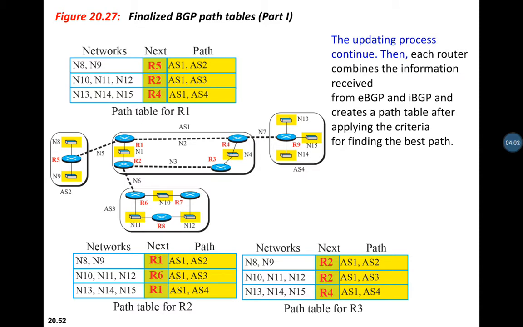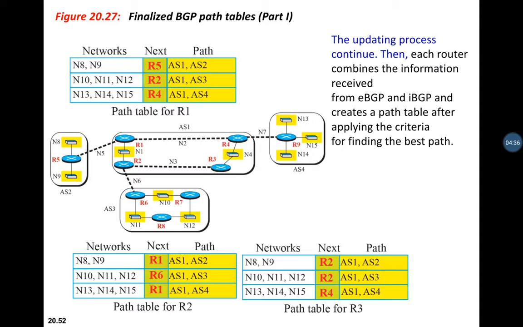After R1 receives the update message from R2, it combines the reachability information about AS3 with the reachability information it already knows about AS1 and sends a new update message to R5. Now R5 knows how to reach a network in AS1 and also in AS3. That is the first one.